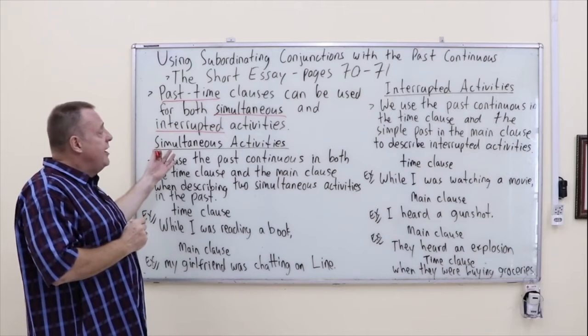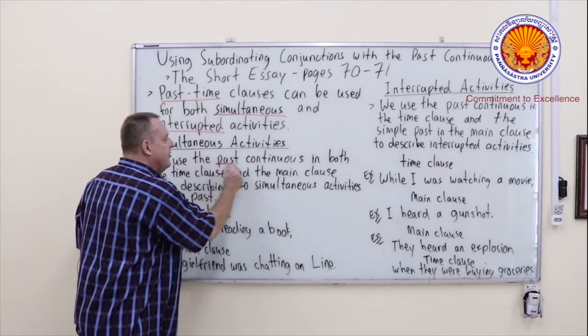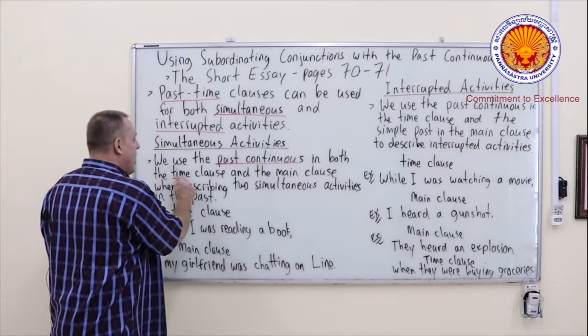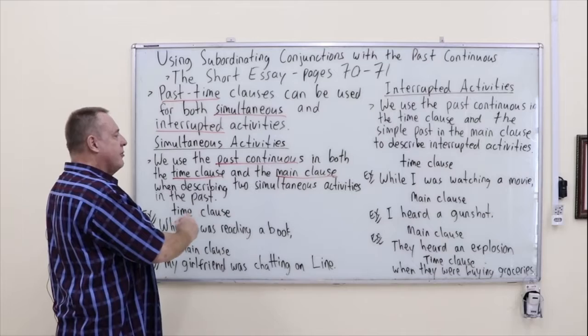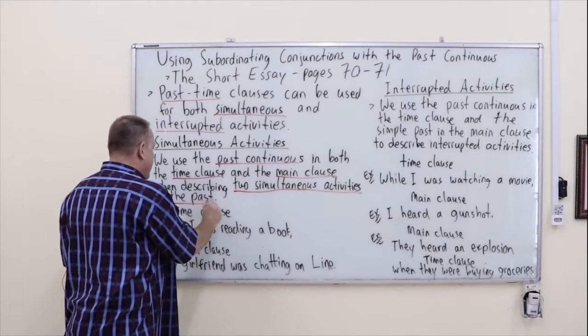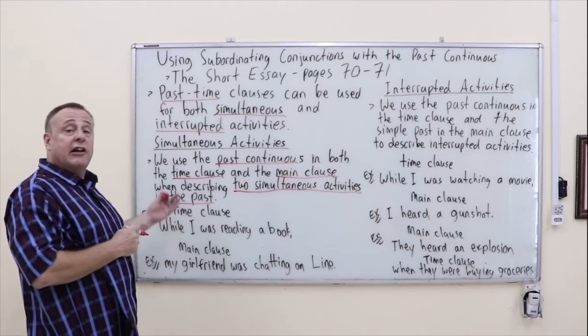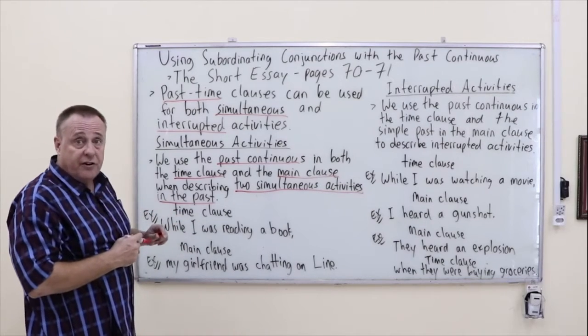So for simultaneous activities, let's have a look at that. We use the past continuous in both the time clause and the main clause when describing two simultaneous activities in the past, okay? Let's look at the example. So here we'll begin this sentence with the time clause.